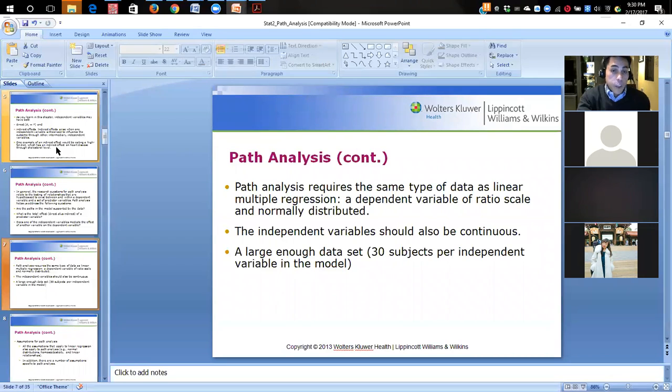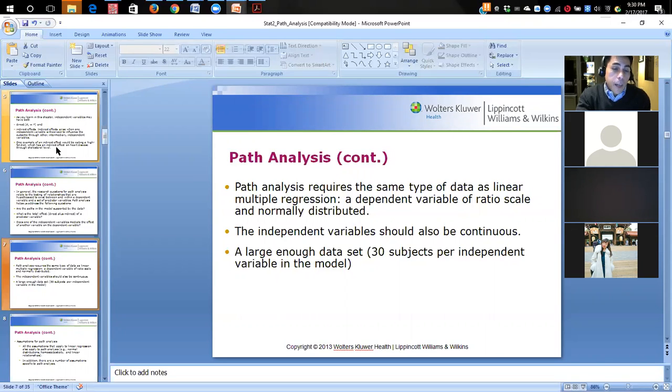path analysis that you have hypothesized from the very beginning. Again, I mentioned hypothesized from the very beginning because it requires a priori inquiry.